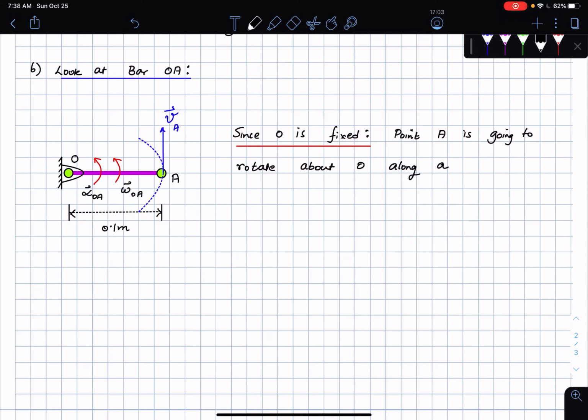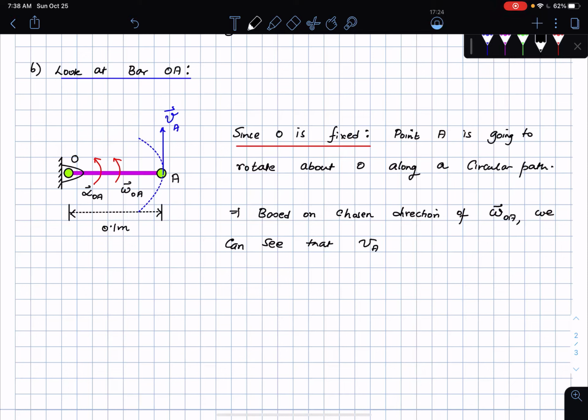This implies that based on the chosen direction of omega OA, we can see that VA is going to be vertical and upwards.